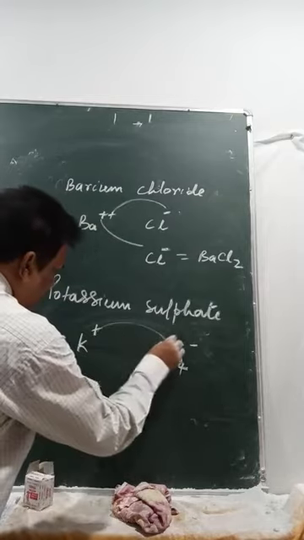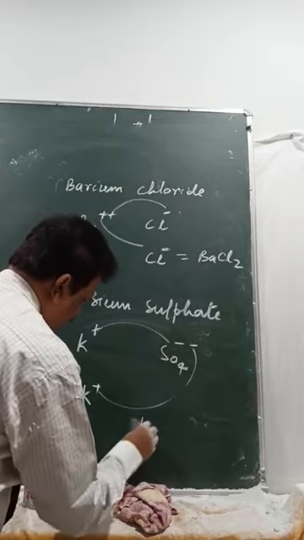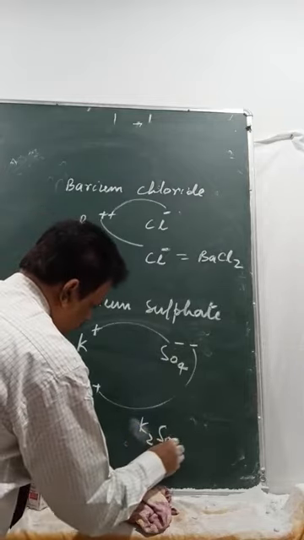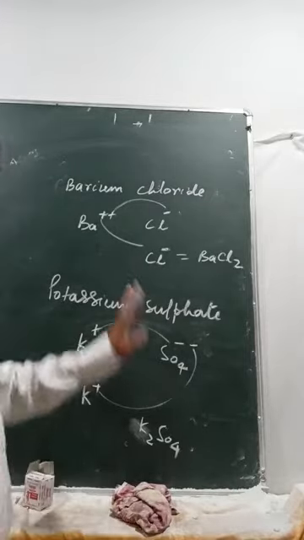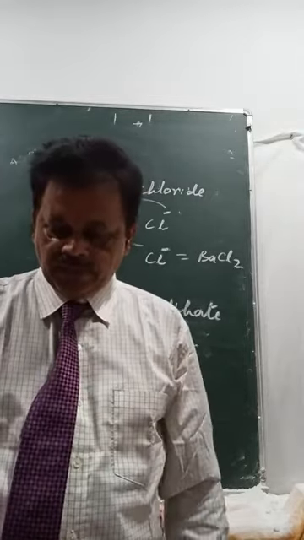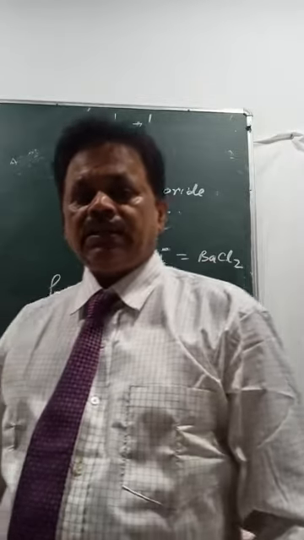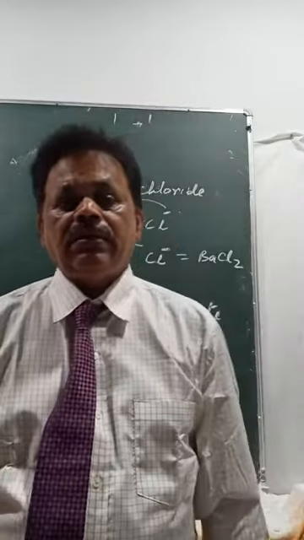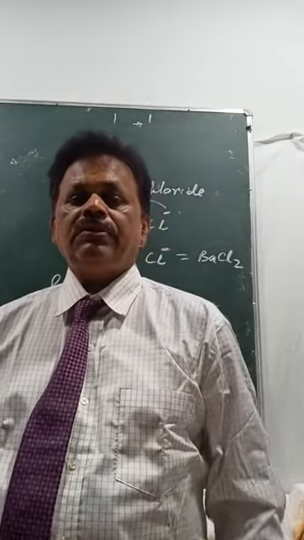So this will neutralize this. That means K2SO4. So these are the procedure how to write the chemical compound. So today you learn what are the radicals I have given you, positive and negative radicals. So tomorrow again you will write how to write the word equation to chemical equation.